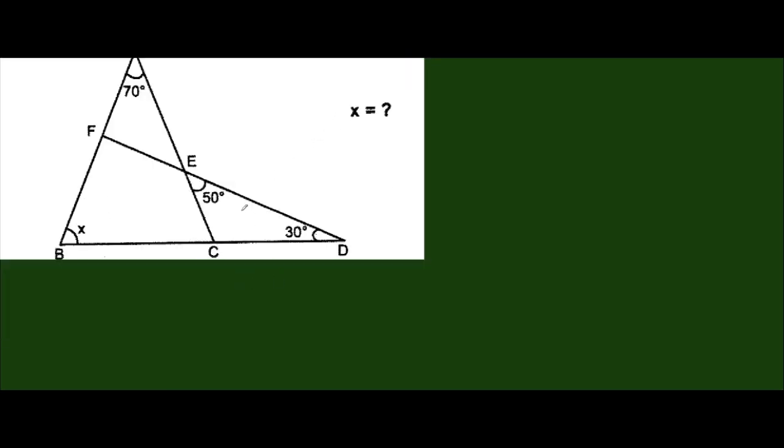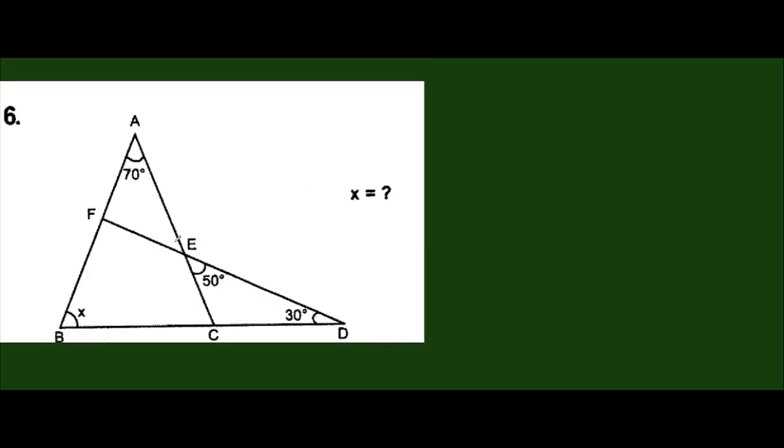So next question. Here we have to find out x from vertical angle. From the neighbor angles we can find this angle, and it will be 130 degrees. And the next one, we can find this angle. Vertical angles will be equal, so 50 degrees and 120 degrees, and this angle will be 60 degrees, and this angle will be equal to 120 degrees.